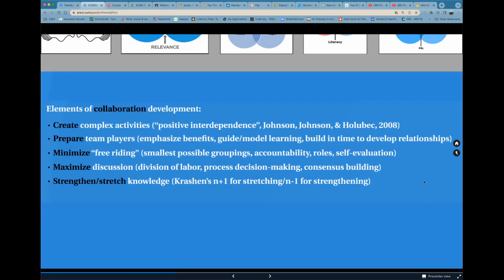Okay, so again, the next thing I gave you guys was the elements of collaboration. These are the basics to get the students actually interacting well with each other, independent of the teacher. How can you set it up so that they can do it?